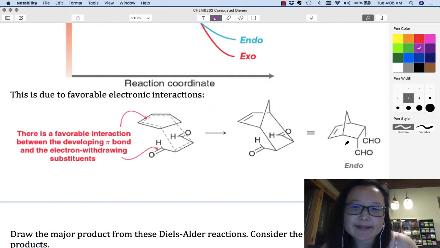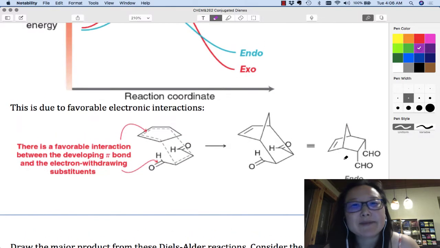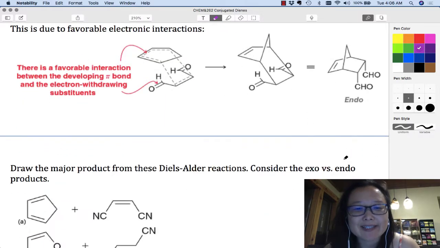You can see down here in this example, we're adding these two groups. The aldehyde groups have these pi systems, and we're also using the pi system to create the cycloaddition reaction. So if those have alignment, you can see that they have better interaction when these groups are closer, as in the endo form. That's why endo tends to be favored in Diels-Alder reactions.